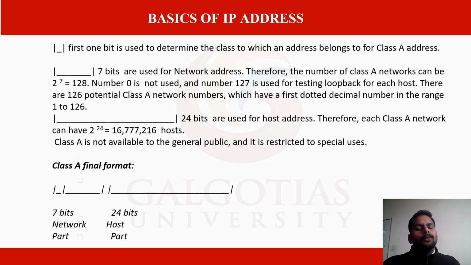So up to 126 networks we can create by using this class A. But for the rest of the 24 bits, because only the first 8 bits identify the network, among that 32 bits, apart from the 8 bits, we still have the 24 bit values. So if you give different IP ranges for these 24 bit values, then we can get 16,777,216 hosts. That means that many systems we can connect with class A networks. That's what they are mentioning.